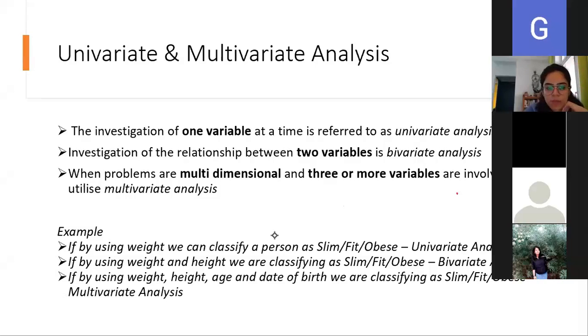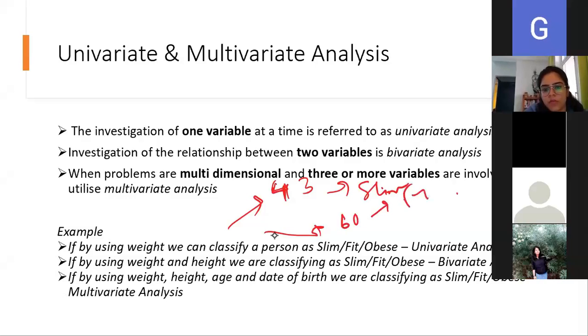Let's see one example. By using weight, we can classify a person as slim, fit, or obese, by just using weight. If I have a respondent who weighs say 43 kg, I'll put him in slim. If he weighs say 60, I'll put him in fit.